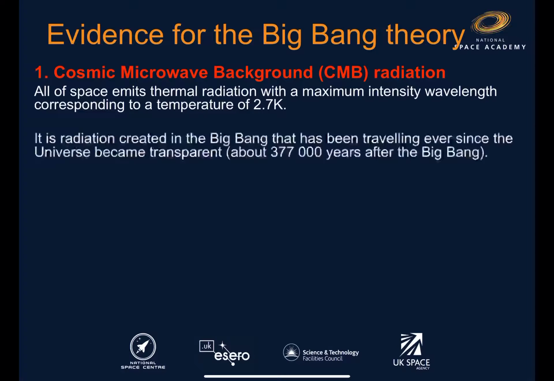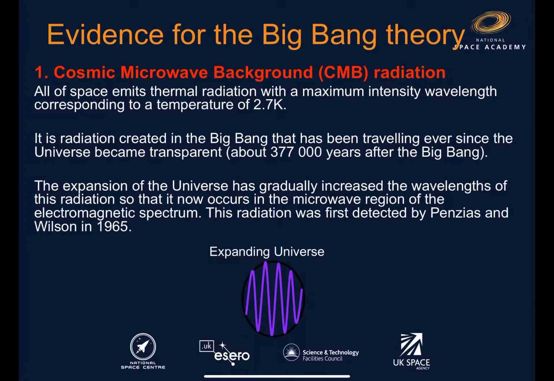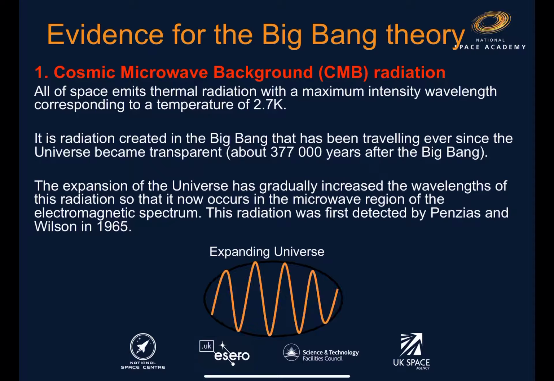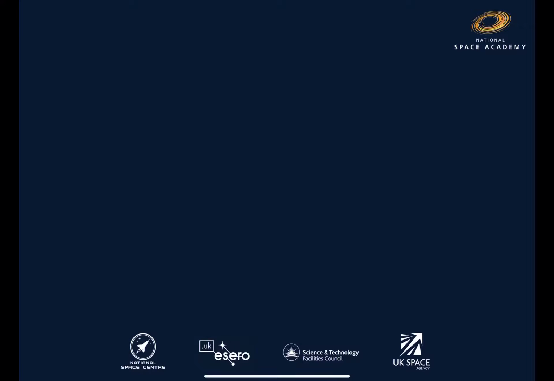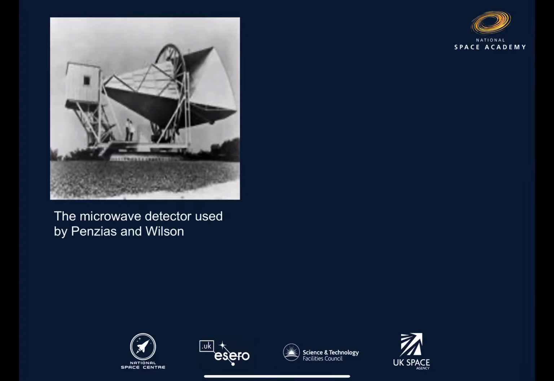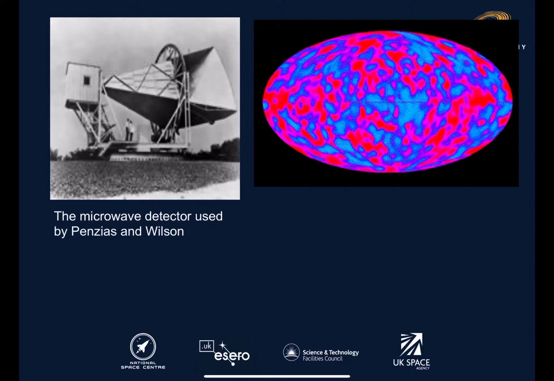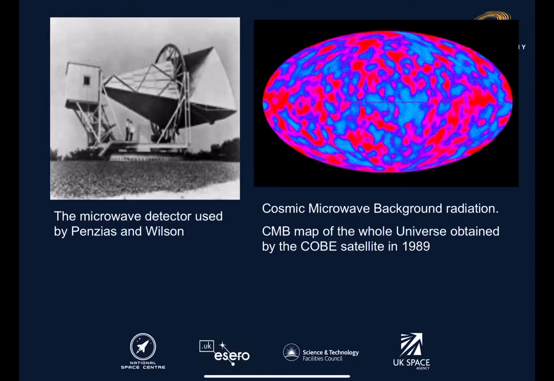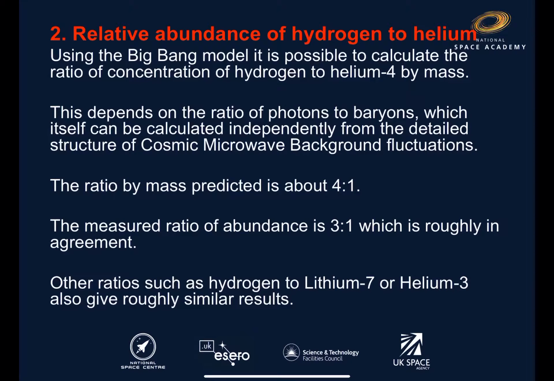That comes from every direction. I'm just going to skip some of this. You can always pause this and read it, but this is background that you absolutely do not need to learn. This is just showing the gradual redshifting of that. That's actually the telescope that received it. And there is a map of the cosmic microwave background radiation that was received that gave that proof.